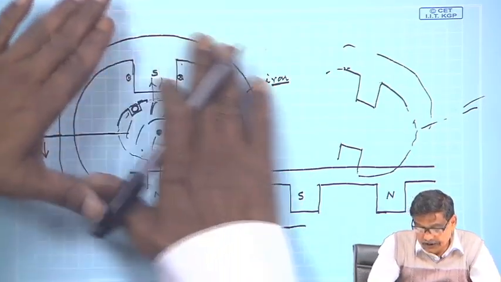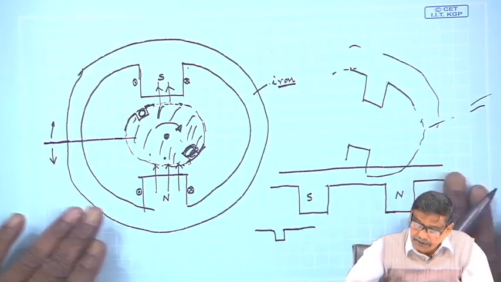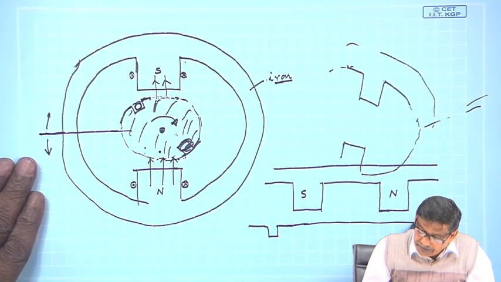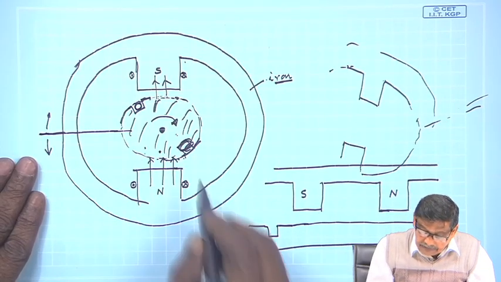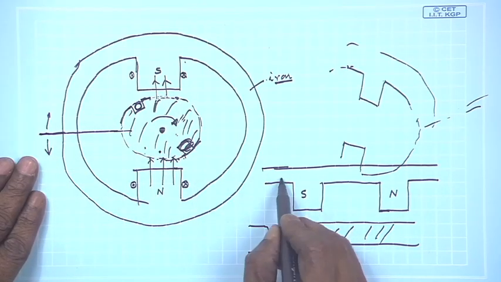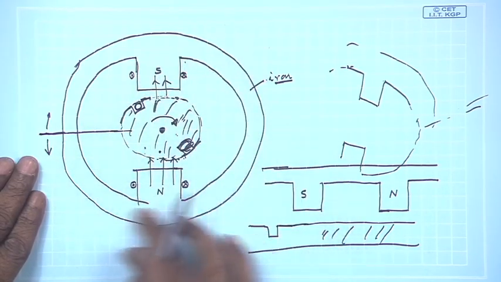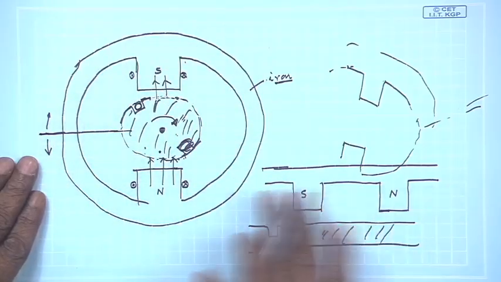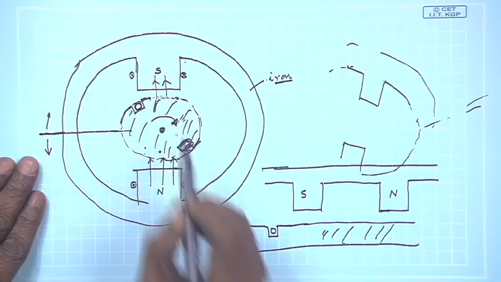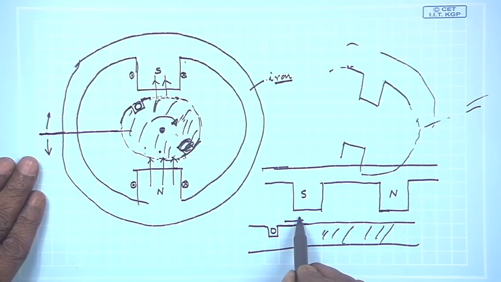So, this rotational circular thing will now appear to be linear, and this iron is this iron and this iron is your stationary part iron which is not moving and this conductor is here. So, it is moving, but here it will be moving like this.